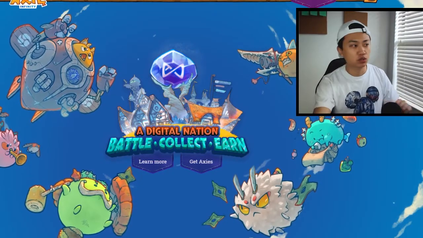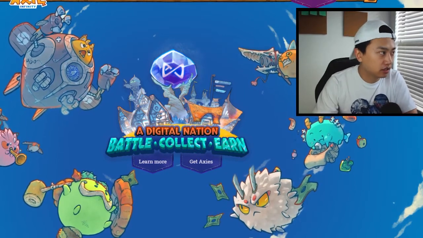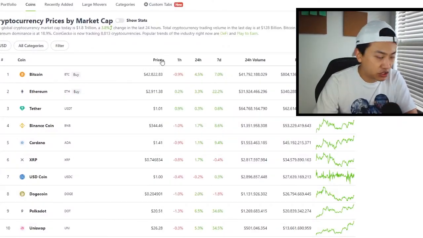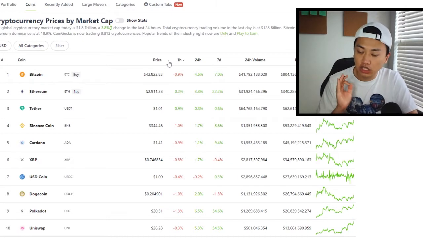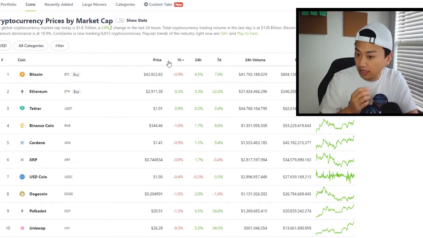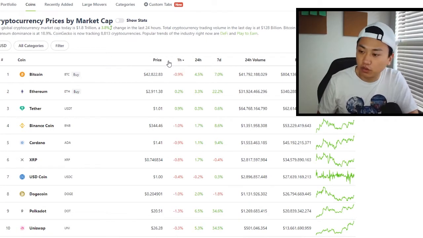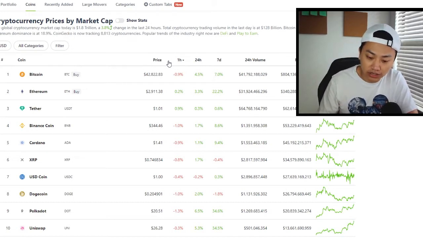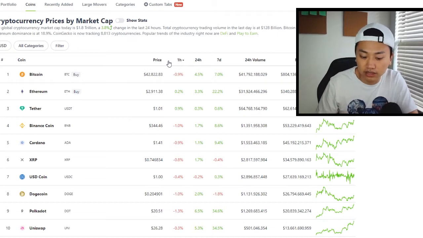Number two, when you're running a guild, especially on a tight budget, you always have to keep looking at the market price for AXS, right? For Ethereum. Especially when you're on a tight budget, you are always going to convert your Ether to AXS or the other way around.